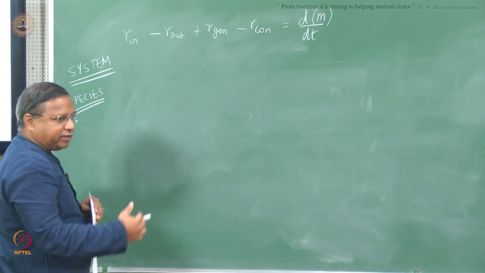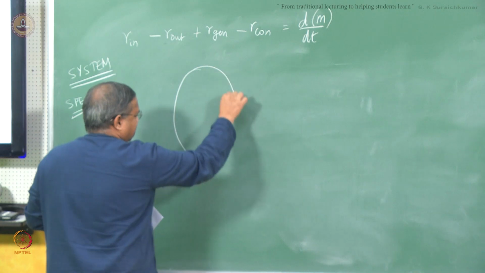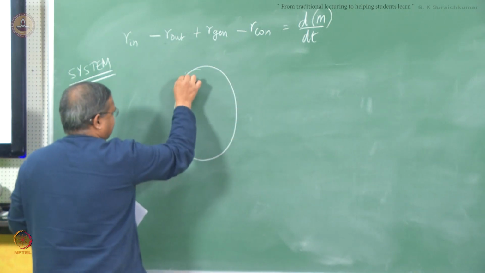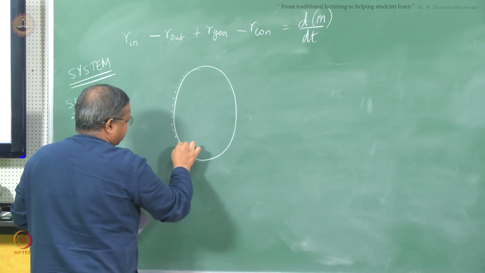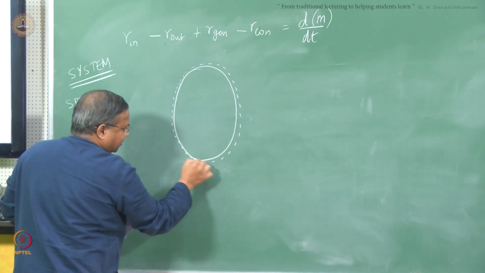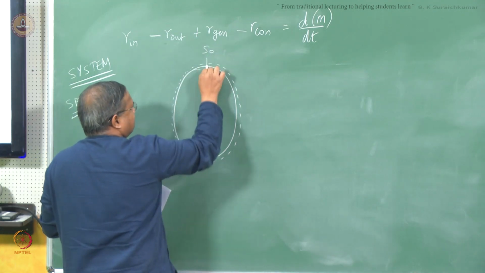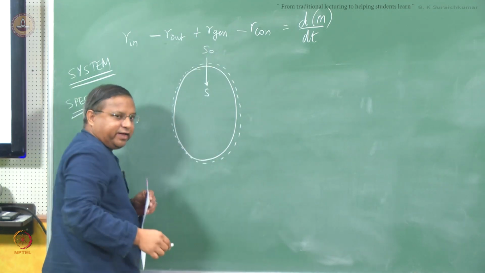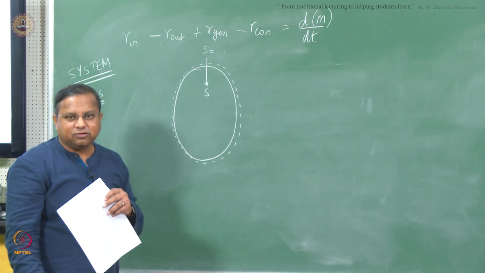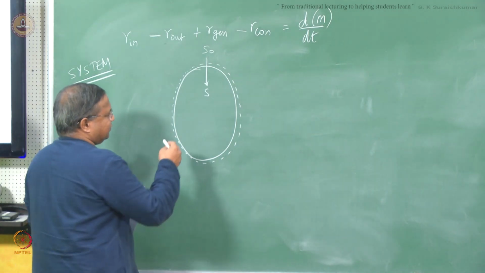Now, we are going to apply this to a system which is a cell. The system boundary I am going to represent by a dotted line here, and let us say that the substrate S0 gets into the cell as S. You all know that thousands of reactions happen in the cell. We are representing just a few of those reactions.